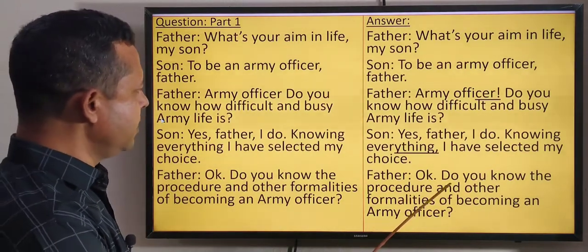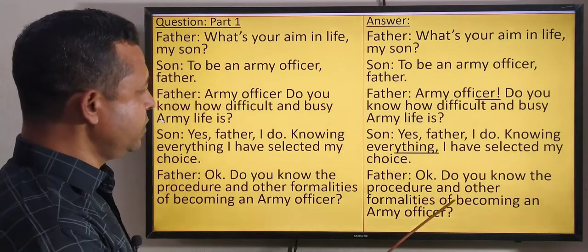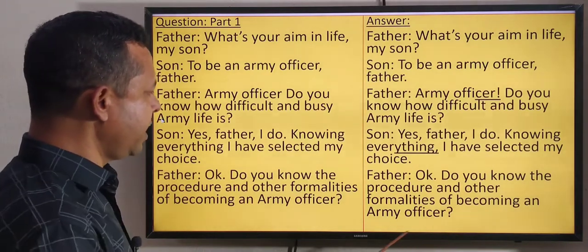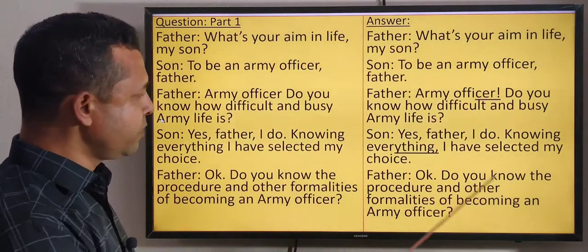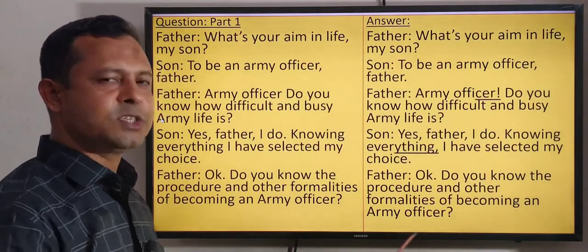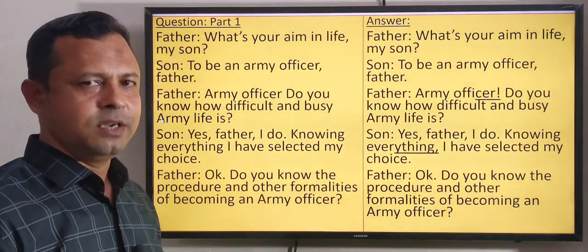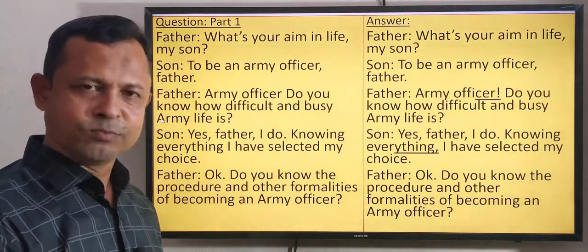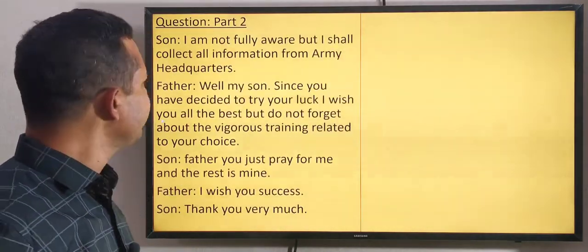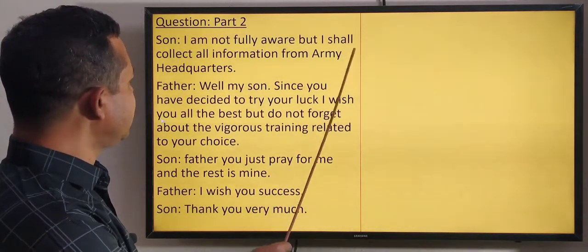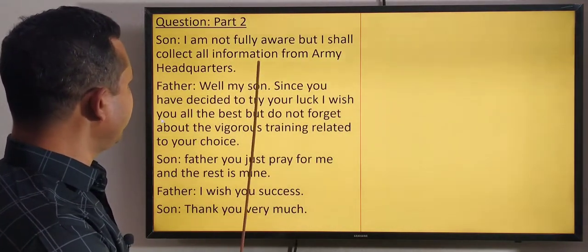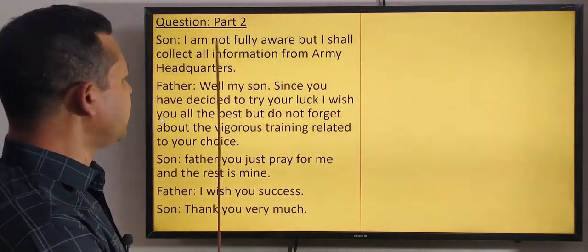Father, okay. Do you know the procedure and other formalities of becoming an army officer? Actually there is no mistake, that's why there is no correction, everything is okay here. Now let us move to the second part. Son, I am not fully aware, but I shall collect all information from army headquarters.